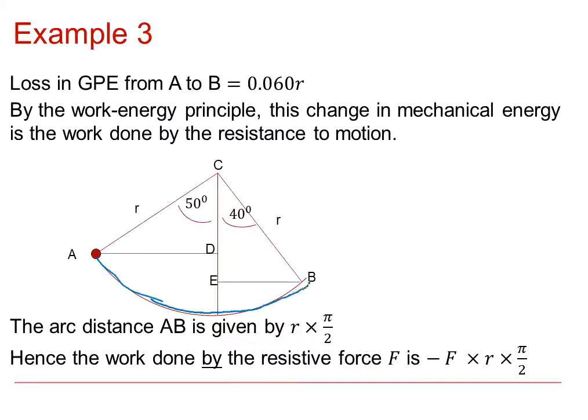The length of the arc, noting this is a right angle, is r times pi by 2. Don't forget, friction always opposes motion, so the work done by the resistive force is negative F times r times pi over 2.